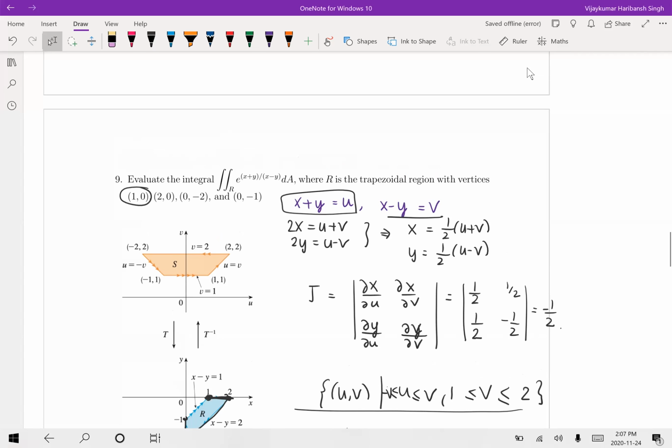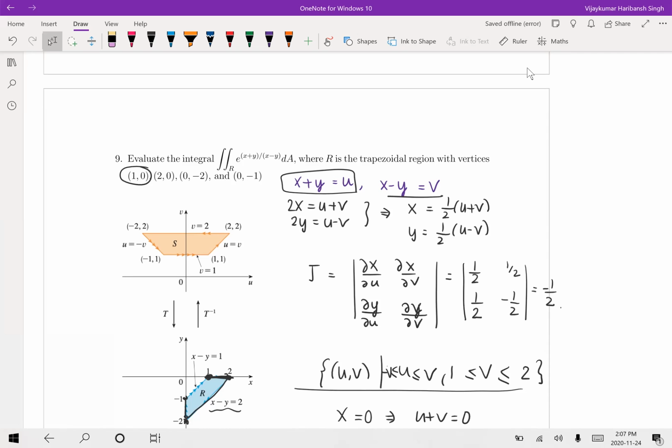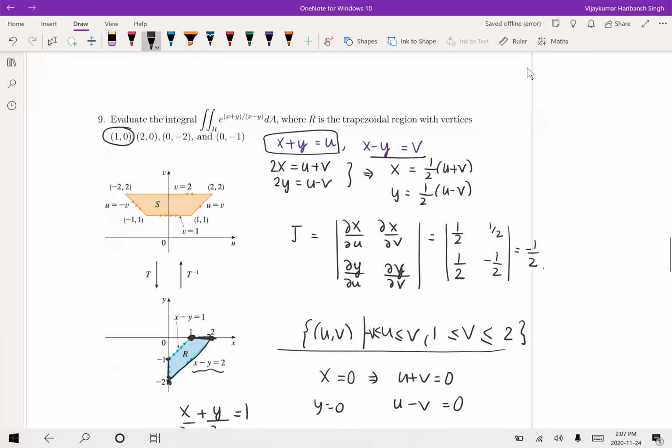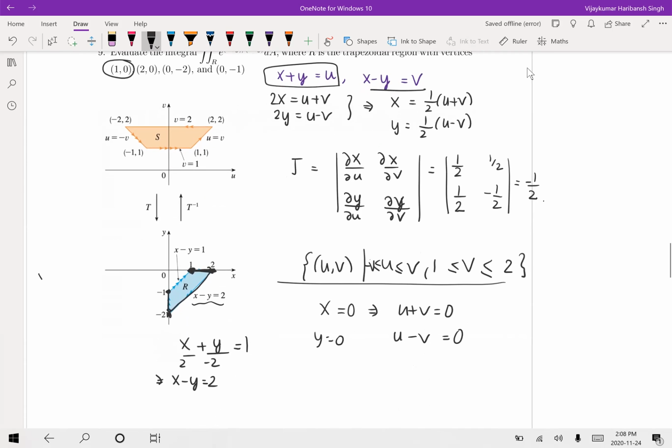So let's understand this once again. The idea is, how do we go about it? You have these points, and you see where these points x and y are going. You write down what u and v are. Say, for example, take the points 1, 0; 2, 0; 0, minus 2; 0, minus 1.